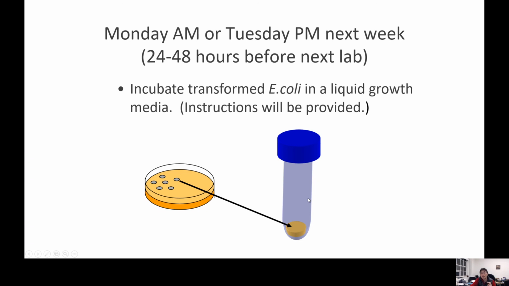For the protein isolation lab, we need the protein. The protein will be GFP, but you need lots and lots of GFP. So you want to give yourself a minimum of 24 hours, preferably a little longer. Somewhere between 24 to 48 hours prior to next week's lab, you want to come and start the liquid culture medium. Instruction will be provided.